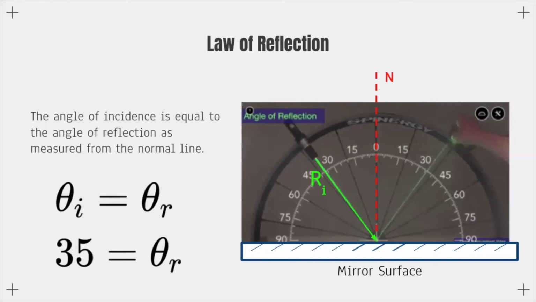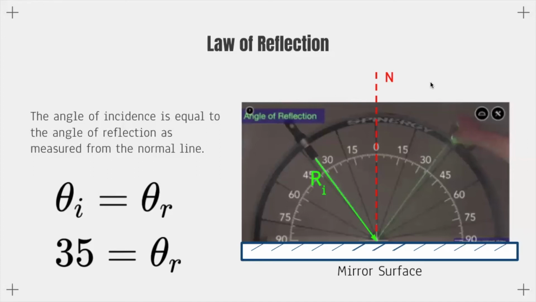You're going to take your mirror surface, wherever that is, and draw a 90-degree angle to that. I know, you can do it. If you're doing it on paper, you can grab a corner of a piece of paper to make sure that it's 90 degrees. If you're doing it on the iPad, sometimes you can lock things in to make sure it's perpendicular. But your normal line should be perpendicular to the surface.